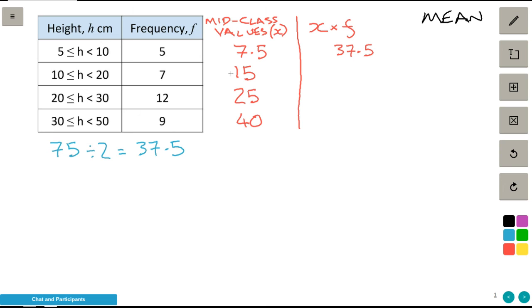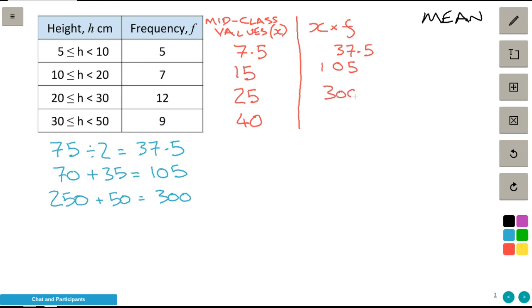Then we've got 7 multiplied by 15, so let's break up the 15. 7 times 10 is 70, and 7 times 5 is 35, so together that gives us 105. Drop that in here, 105. Then 12 times 25, I think I'm going to break up the 12 instead into two parts. So 10 times 25 is 250, and 2 times 25 is 50. That gives us 300 in total. And then finally, 9 multiplied by 40.